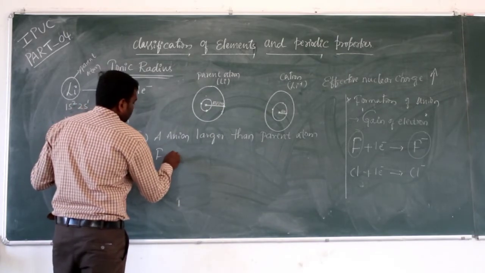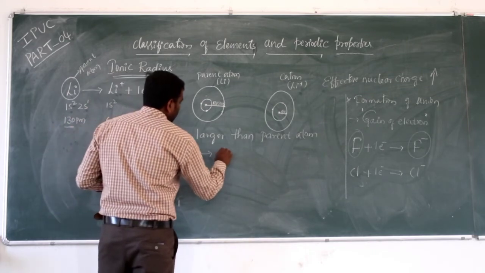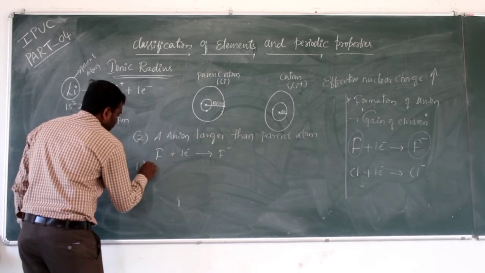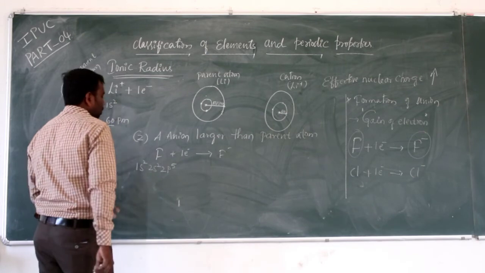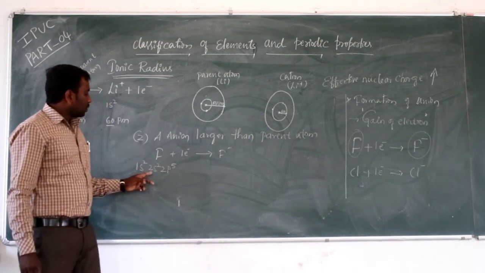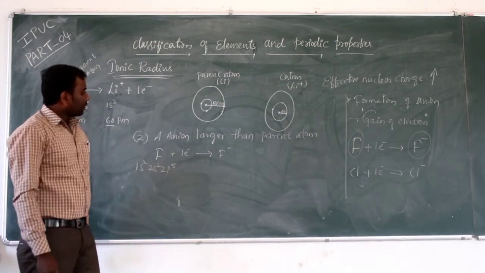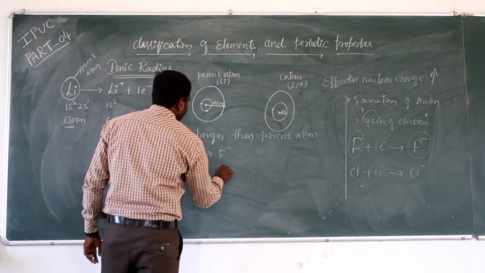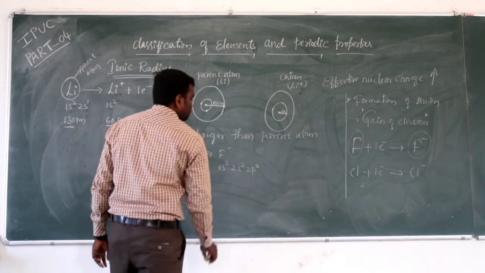F plus 1 electron equals F minus, right? In this case, the electronic configuration is 1s2, 2s2, 2p5. The atomic number of fluorine is 9. 1s2, 2s2, 2p5. Is it clear? Okay. And then its electronic configuration becomes 1s2, 2s2, 2p6.